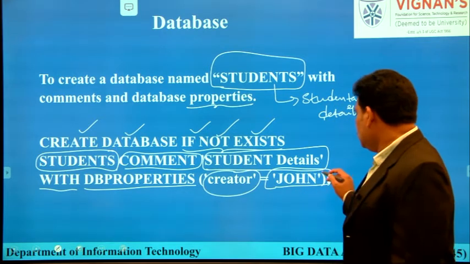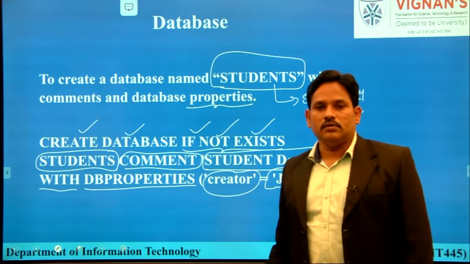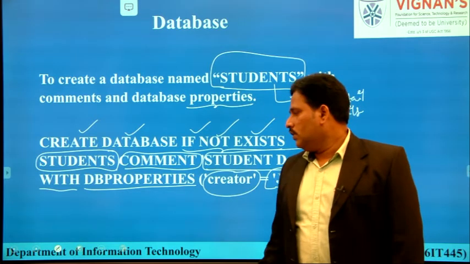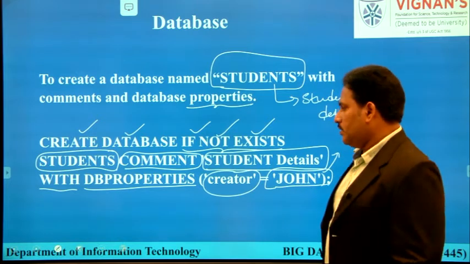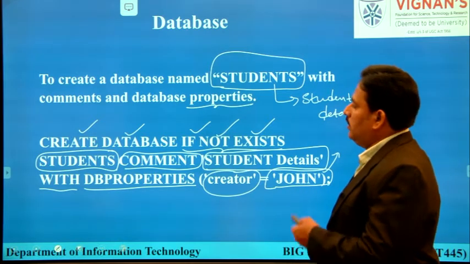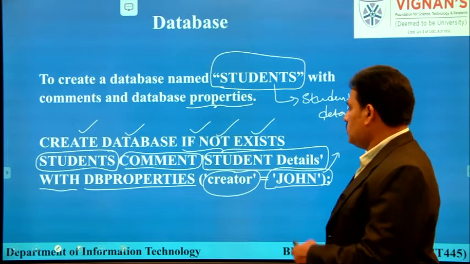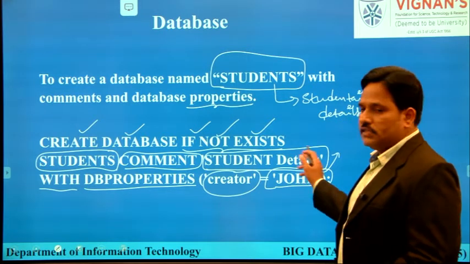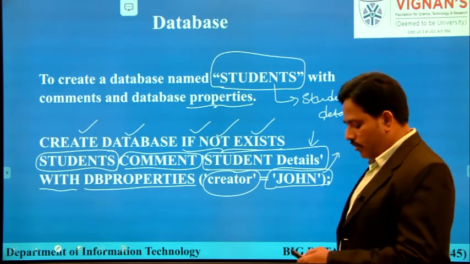That means this person can create tables in the Hive environment. Using this syntax, we can create a database. Create database if not exists students comment student details, which is the description of the database that we want to give.